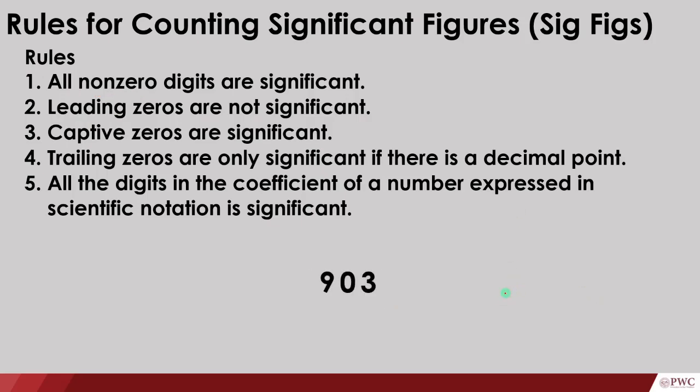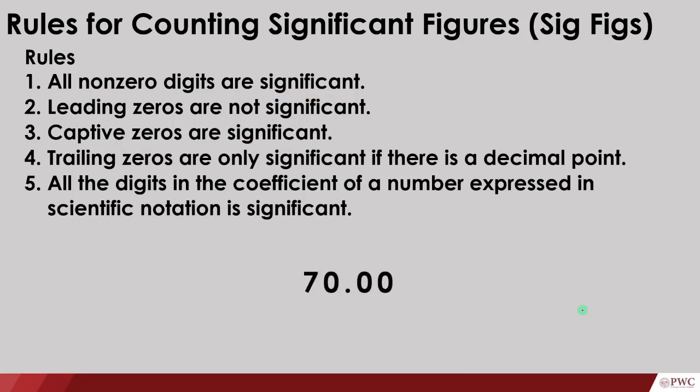Next, 903. Here are non-zero digits, so we count them as significant. And then here we have a captive zero. Captive zeros are in between significant digits, and captive zeros are significant. Overall, on this number, we have 3 significant figures.